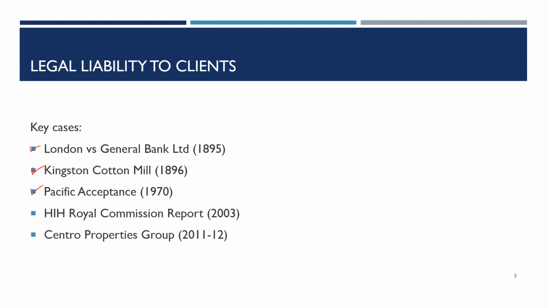This means your accounting standards, your auditing standards, and any other regulations that may be required depending upon the industry your client belongs to. The HIH Royal Commission report in 2003 made a number of recommendations that we need to take note of, in particular in relation to auditor independence.